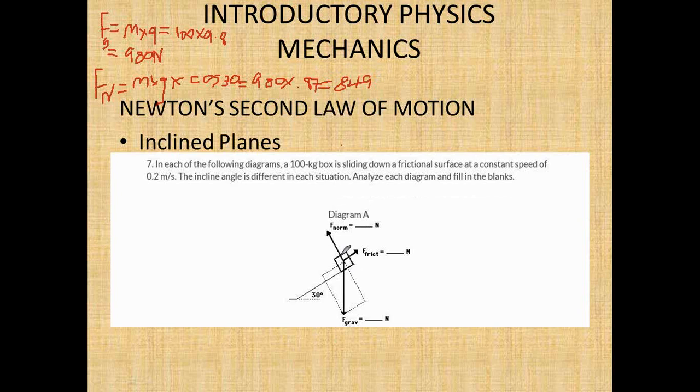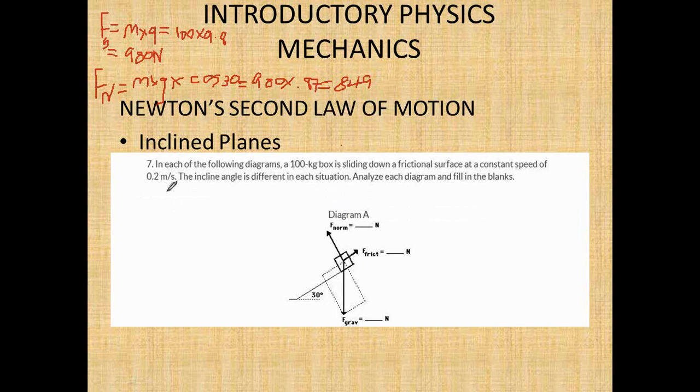So now you just have to remember stuff that you were taught in physics. They tell you that this object is moving down a frictional surface at a constant speed, and they gave you the speed.